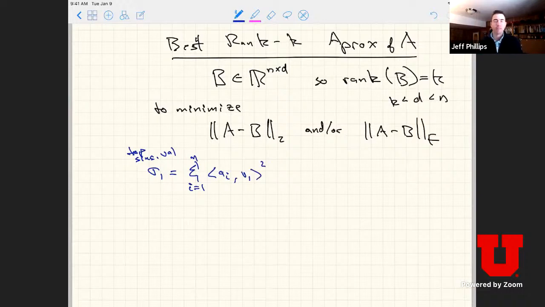Okay, so this is one way of recovering what this is. This tells us how much squared variation is along this v1. And in fact, it's equal to the max over all v in R^d such that the norm of v equals 1 of this sum. So if I look over all choices of v that have a length of 1, then this is the top singular value.